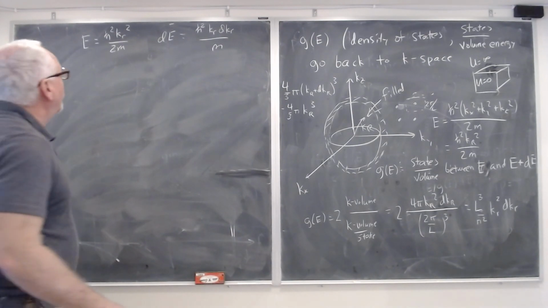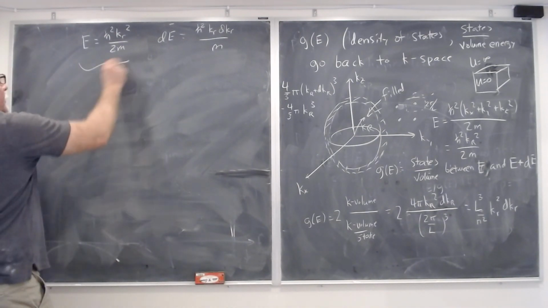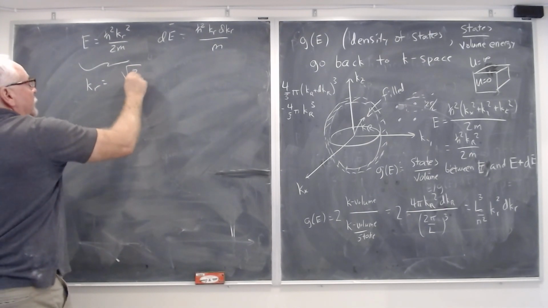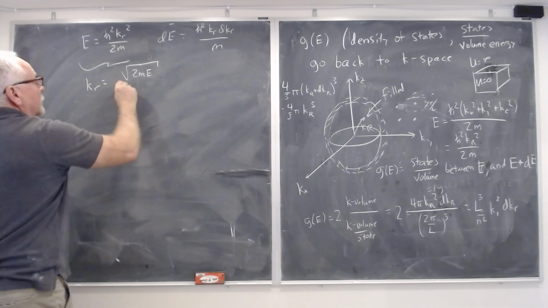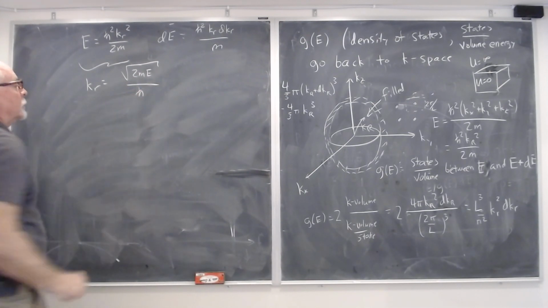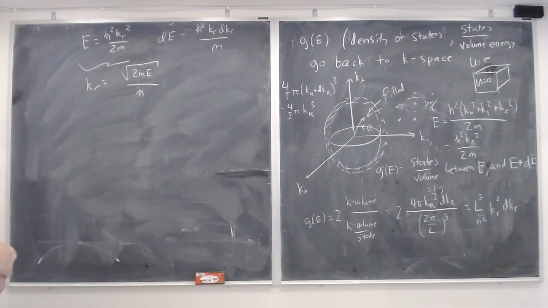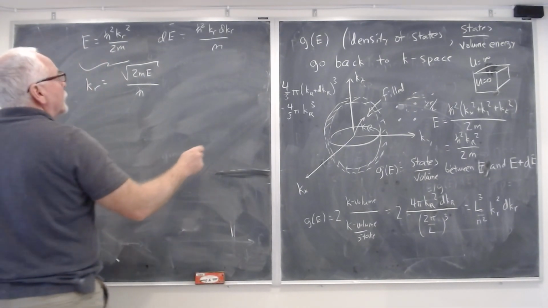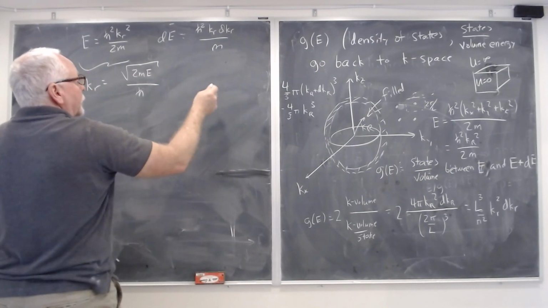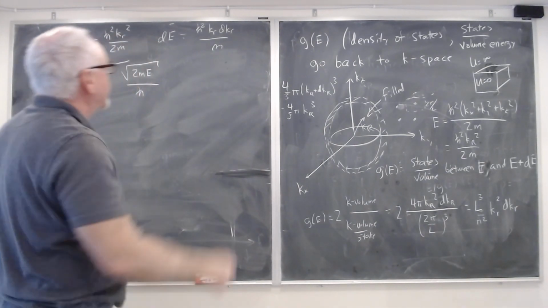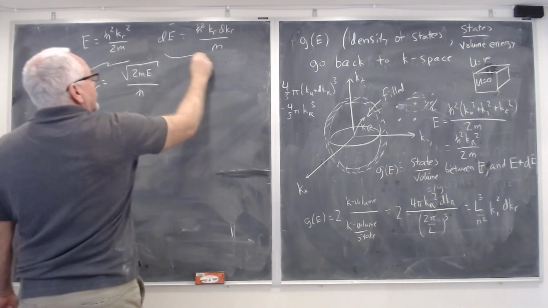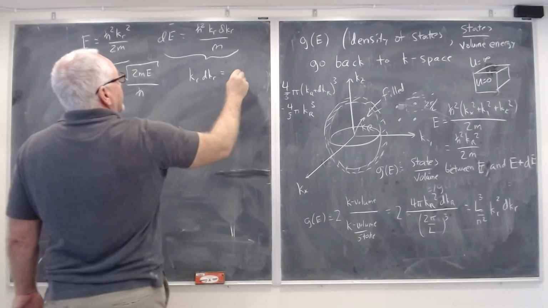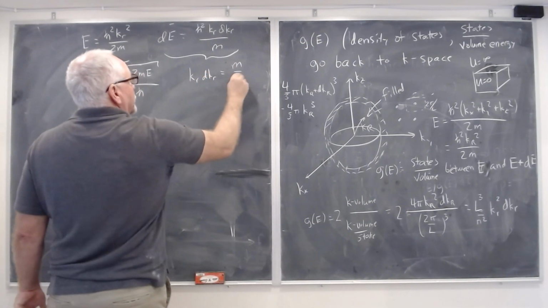And so we can solve this one for k_r. That's the square root of 2mE over h bar. And we can solve this one for dk_r, but it's simpler to solve it this way: k_r dk_r is equal to m over h bar squared dE.